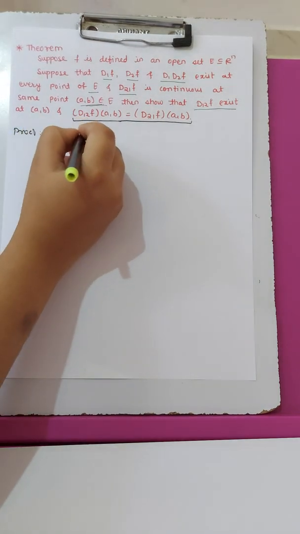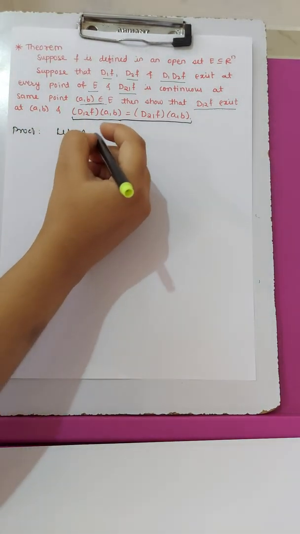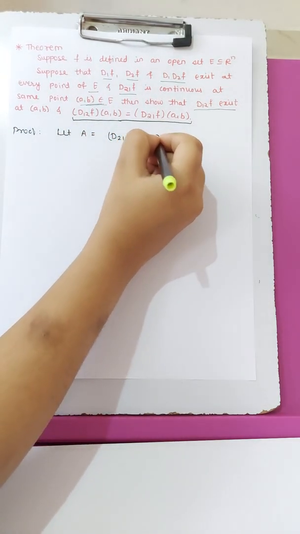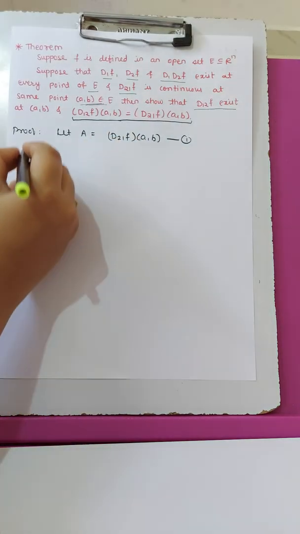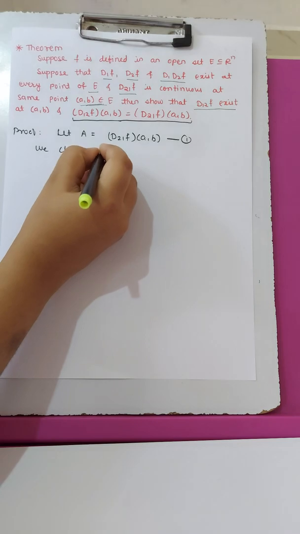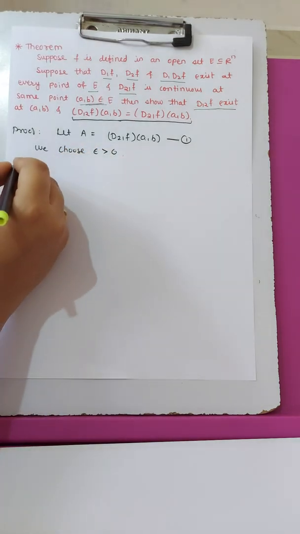So let us suppose that A is equal to d21f(a, b). Let it be number 1. Now we choose epsilon greater than 0.